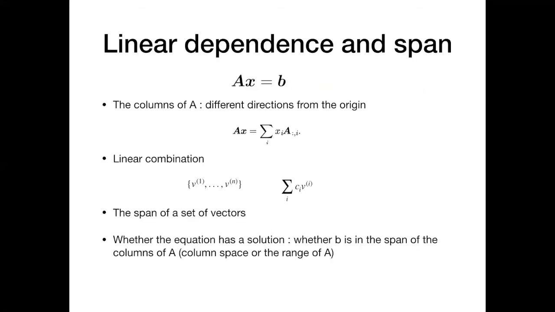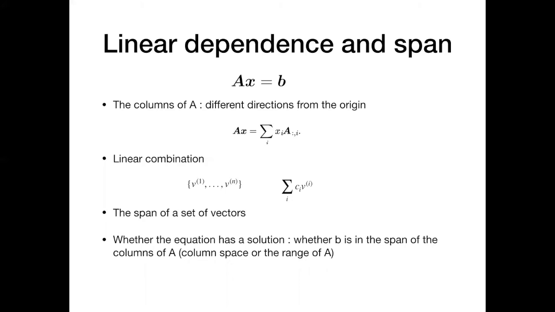Now let's look at the system of linear equations in another view. In the matrix A, each column of the matrix A is actually a vector. We can think of it as different directions from the origin.